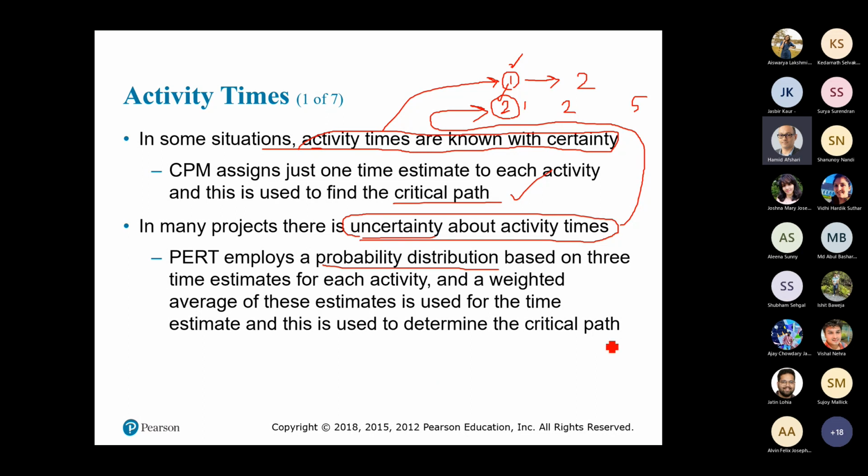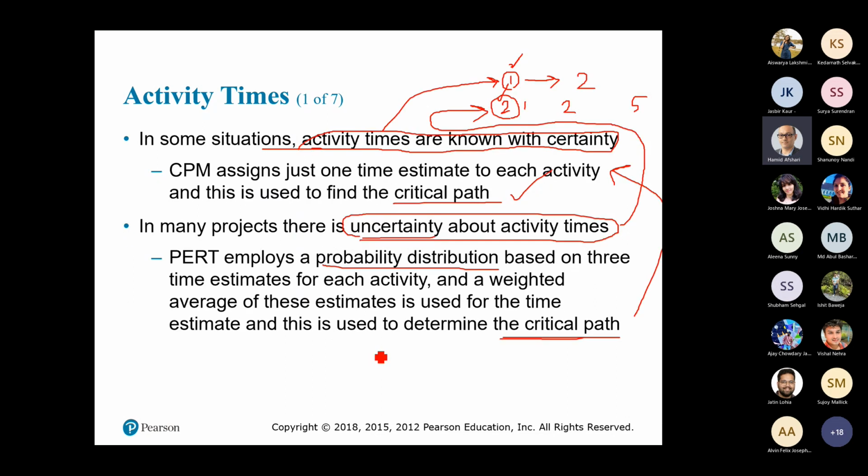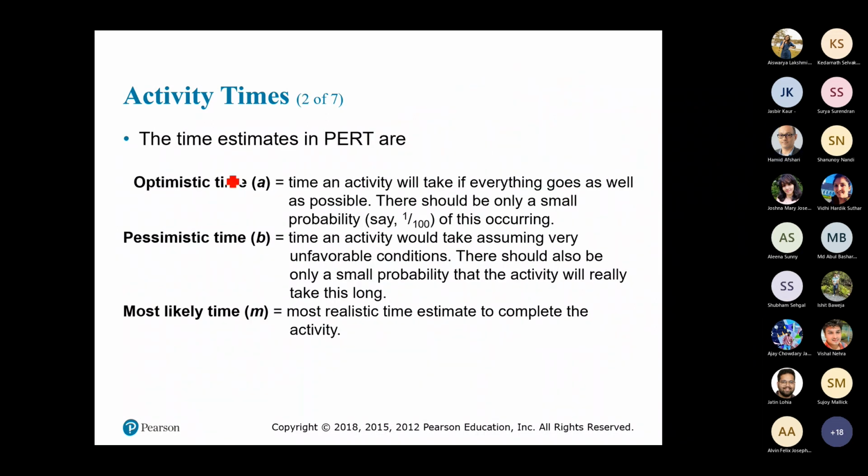So calculating the critical path when you have uncertainty is not as easy as when you know exactly when an activity is done. Because the first one is very easy, let's learn about the second one, PERT, where we have a probability distribution. How should we find the time?